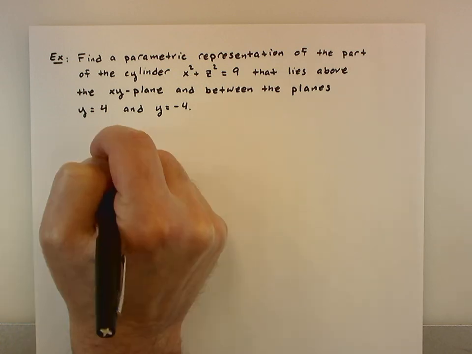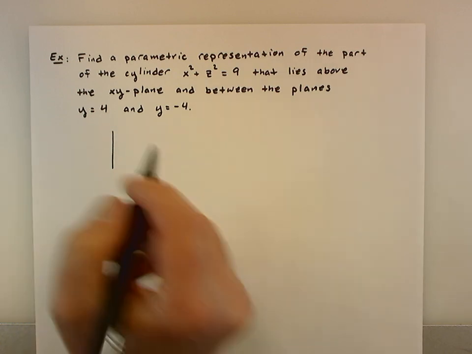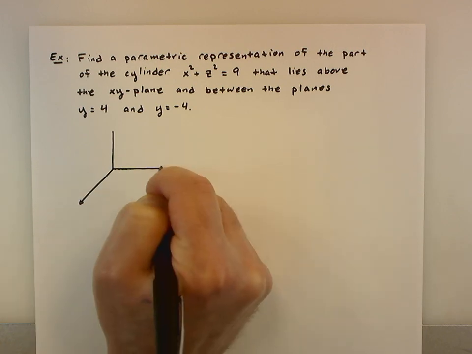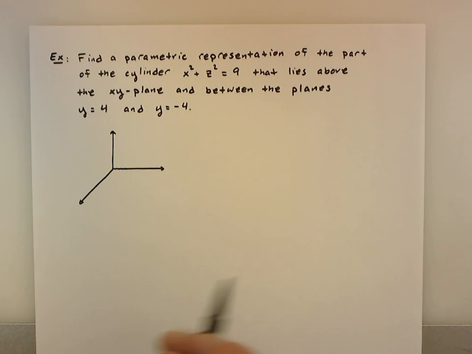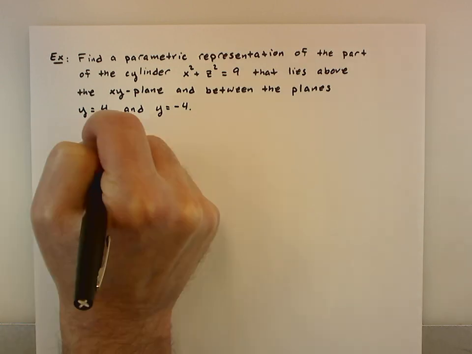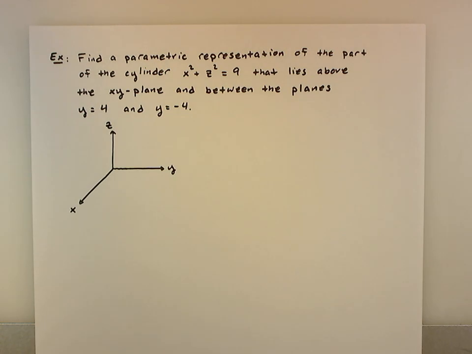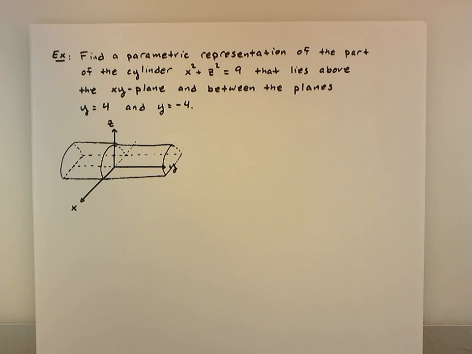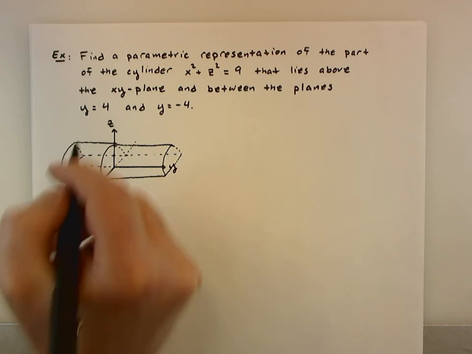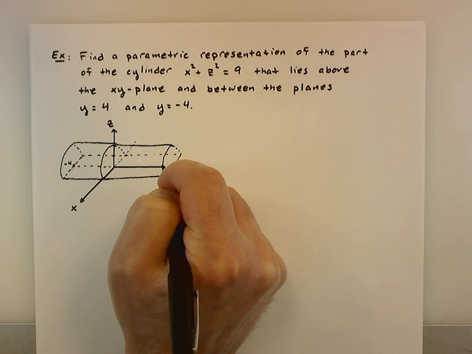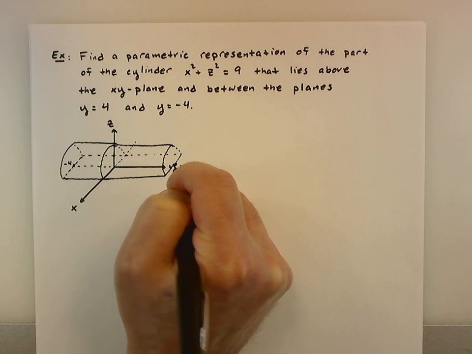So if I sketch this curve, I get this part of the cylinder that lies above the xy plane and between the planes y equals 4 and negative 4. So this is y equals negative 4 here. This is y equals positive 4 here.